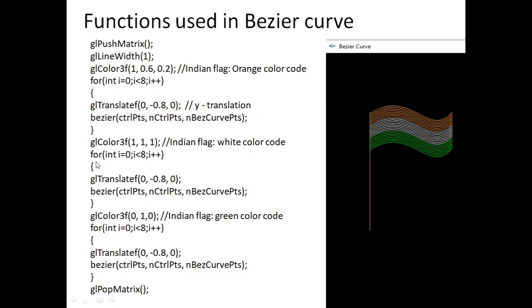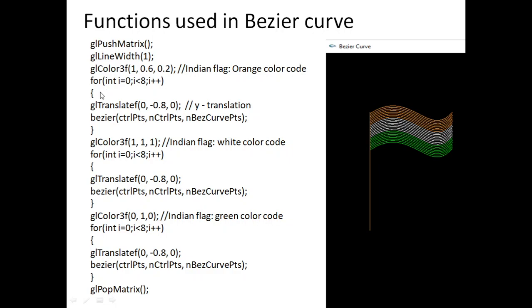Then there are three for loop structures, the same. These for loops are executed 8 times, 0 to 7. Here we have drawn 8 lines, so lines 0 to 7 are drawn by using the for loop. So 8 green lines, 8 white curves, you say curves, not lines, then 8 orange curves, by using these three sets of for loops.